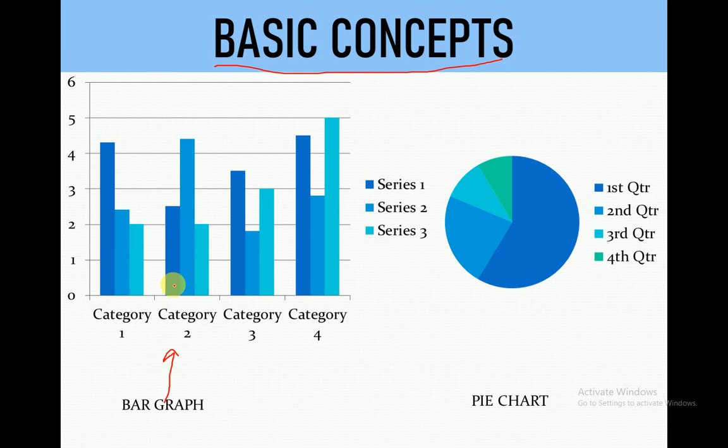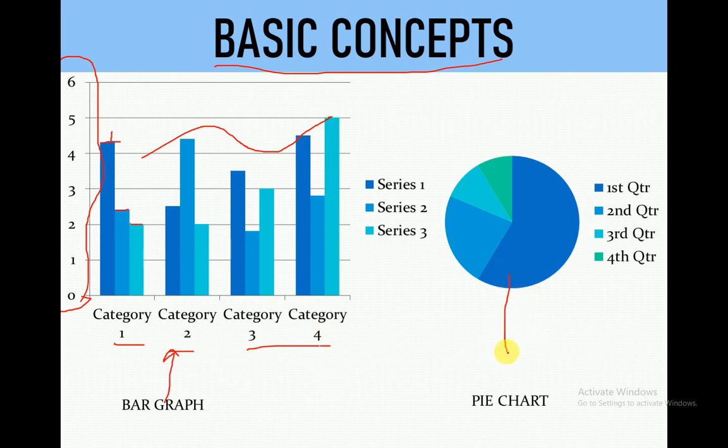Four entities are given in the x-axis, and the values are given in the y-axis. You have to interpret what this value is, then what this value is, and so on. Like this we have to interpret the values and face the questions that come after these.